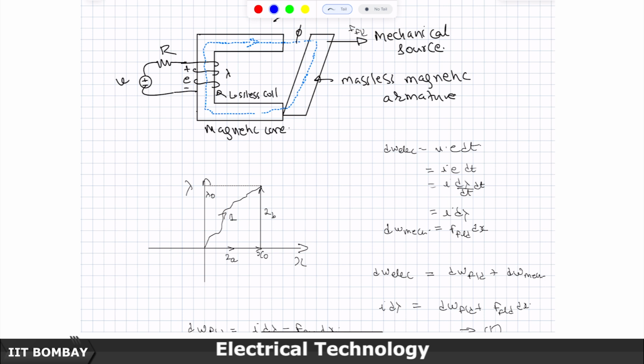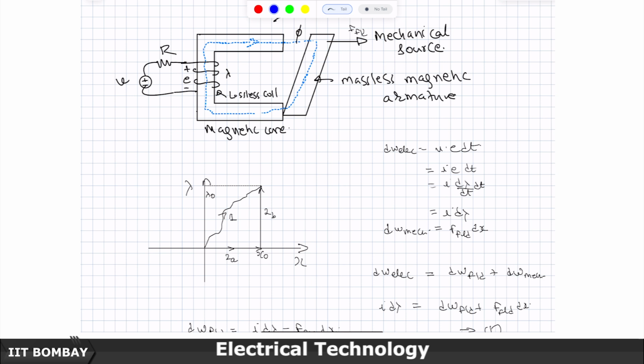So, I can bring this to a situation where it is at some distance x naught, and by controlling the voltage, or effectively the current which is passing through it, N phi will give me the flux linkage as lambda naught.